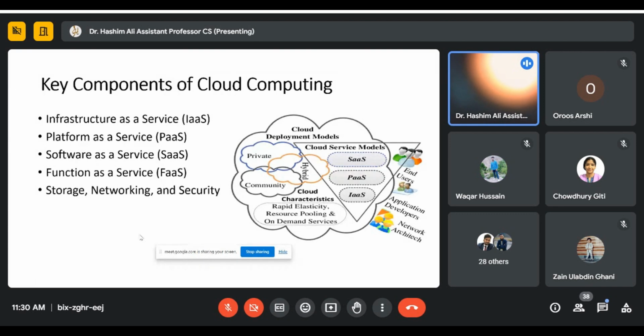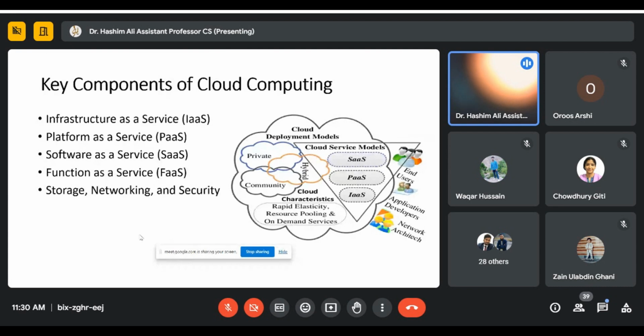These are software as a service. Then we have function as a service, where the computing model allows developers to deploy individual functions, for example a part of code, in response to a particular event. These services are provided in the form of function as a service.